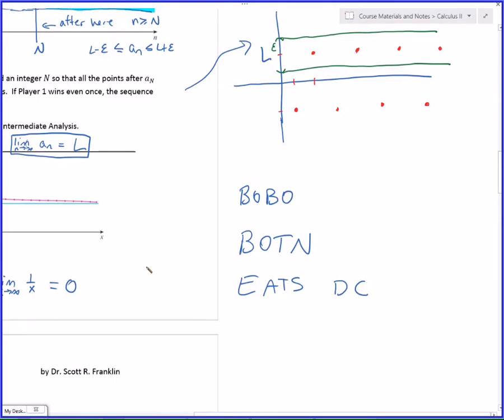In particular, it helps you remember what happens at infinity when you take the limit. Okay? Bobo Button HDC. I talked to my wife's high school calculus class. They all know exactly what this means, and they use it regularly. They're ready for their AP calculus test coming up in a month. Okay? Say it with me. Bobo Button HDC. Okay, what is Bobo?